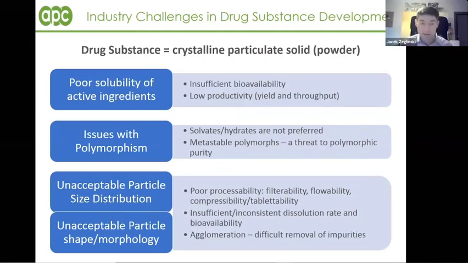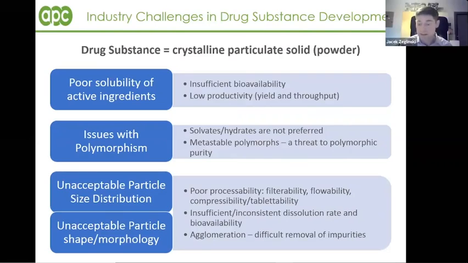And the other challenge, it's a broad topic again, is polymorphism. Crystalline materials can exist in a number of different crystal forms. Those forms are interrelated in terms of stability. Some of them are metastable, and the most stable are not so easy to obtain sometimes. And then we are also getting unwanted solvates or hydrates.